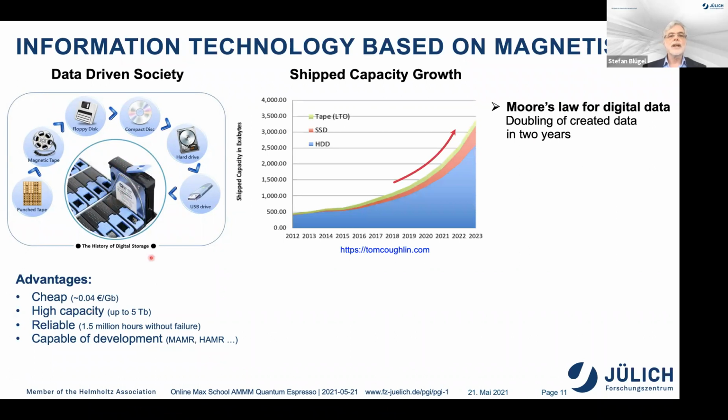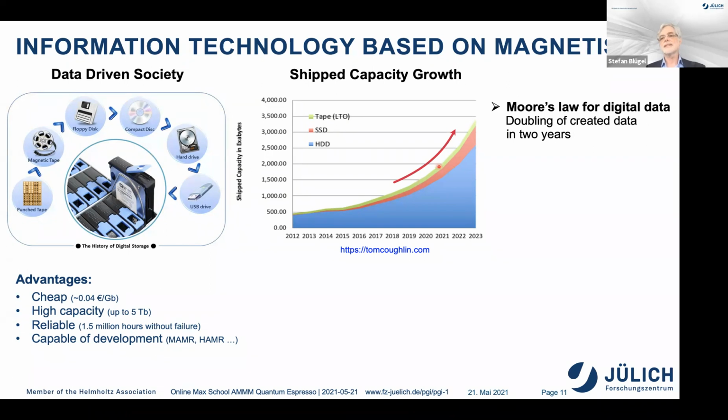And if you look at basically the shipped capacity in exabytes, you see that the hard disk, which is this blue section here, is still expected to grow. And what you also see, it's a huge fraction that all the information is stored on this hard disk.